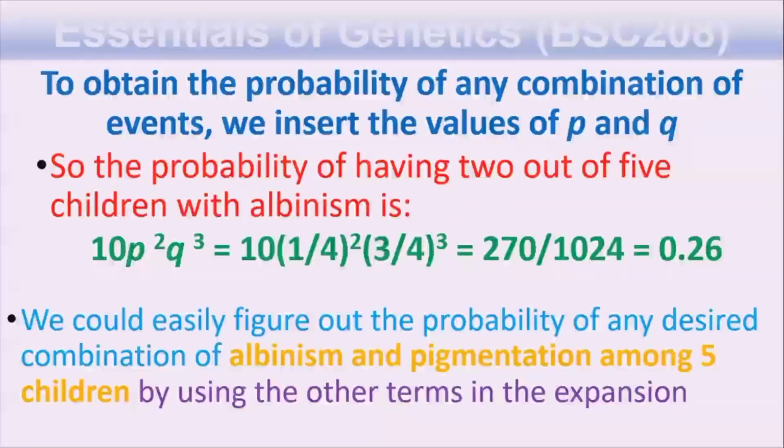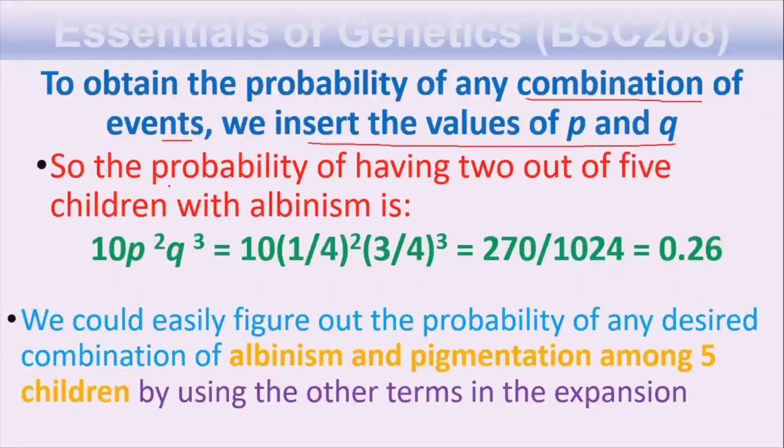And so to obtain the probability of any combination of events, we just insert the values of p and q in the respective terms.